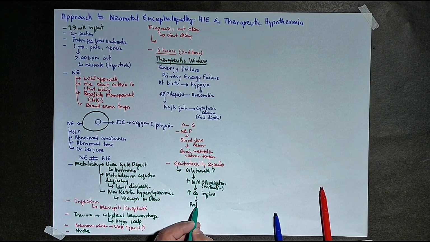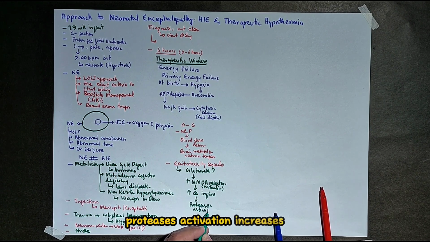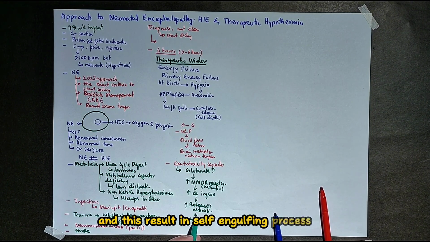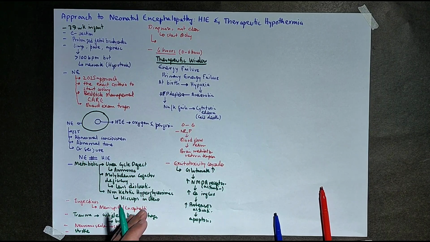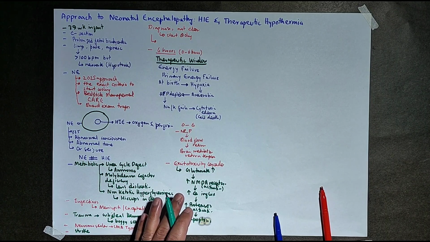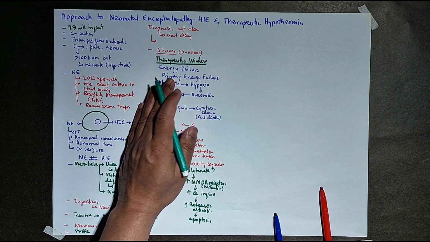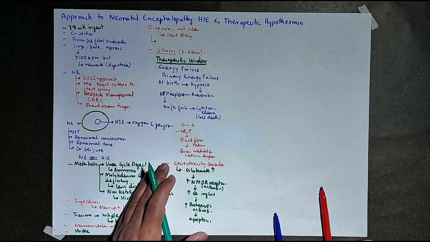Protease activation increases, and this results in a cell self-destruction process, that is apoptosis. So this is the primary energy failure, and this one is the secondary energy failure.